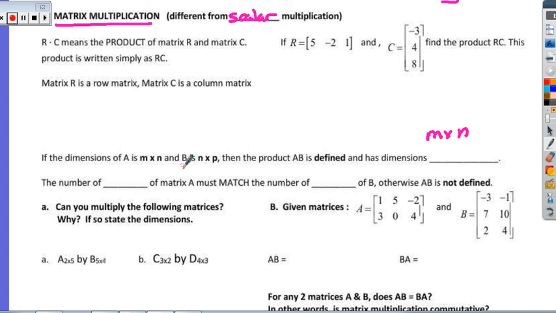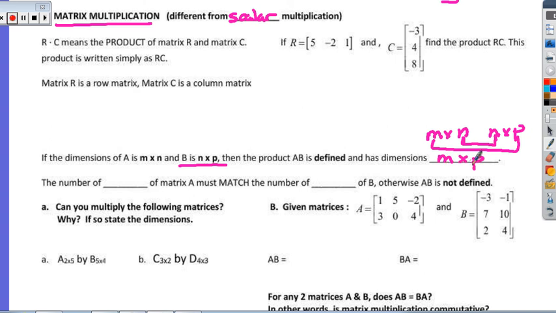And it's telling me that matrix B is an n by p. If we're going to be able to multiply these matrices together, the columns in A must match the rows in matrix B. If they do, the resulting matrix will be what these outside terms are. So this would be an m by p matrix.